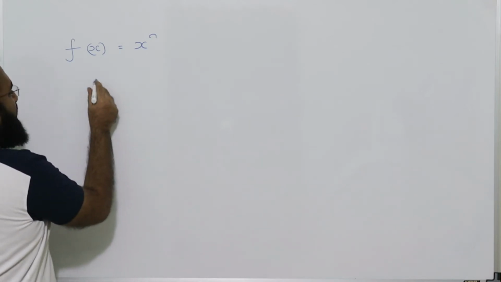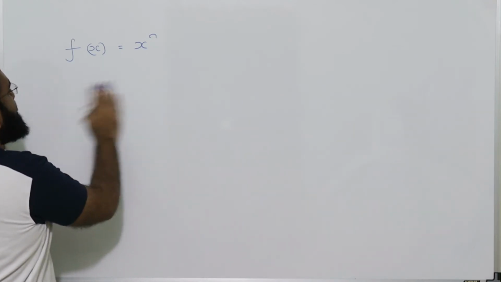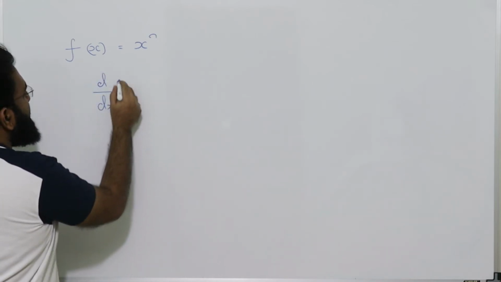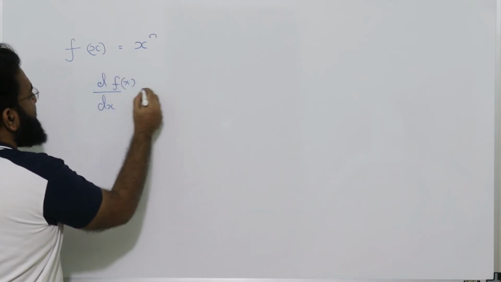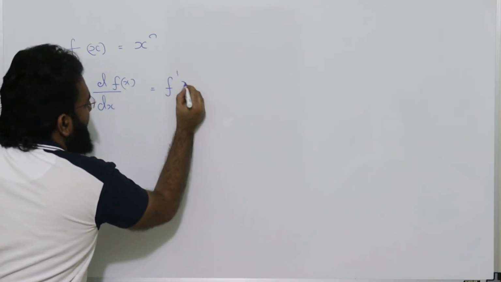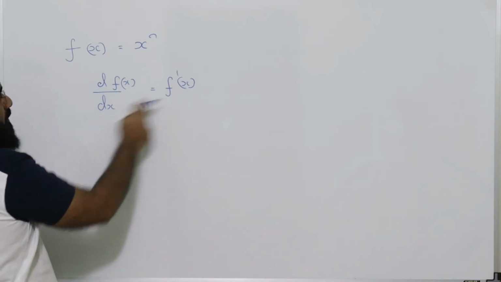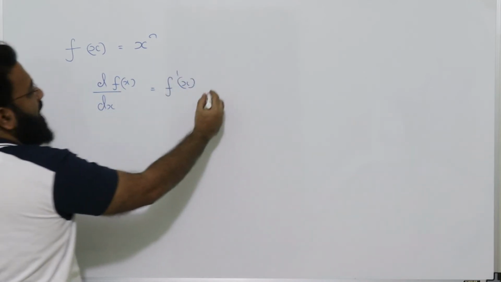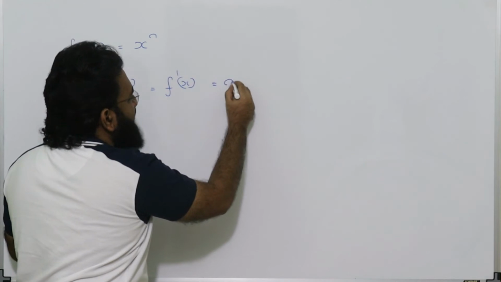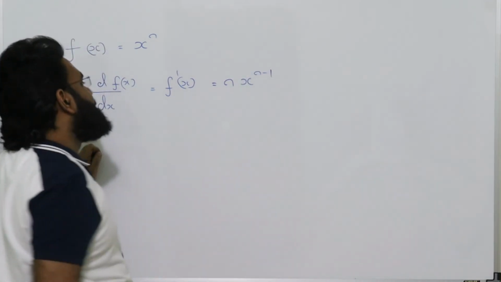Then d by dx of f of x, in short we write f dash of x, the differentiation of f of x with respect to x. This is nothing but the formula n x raised to n minus 1.